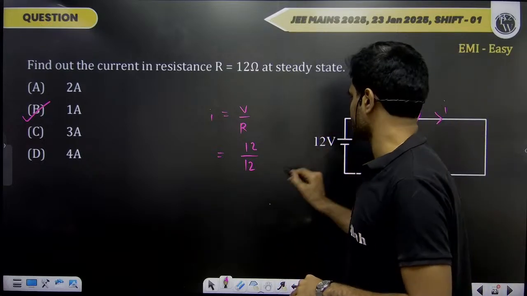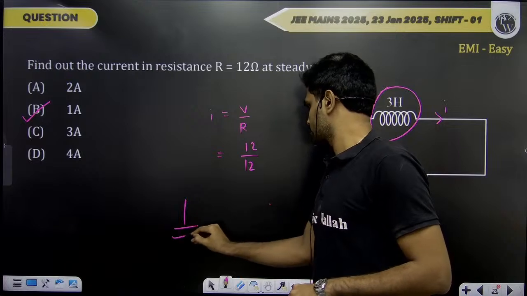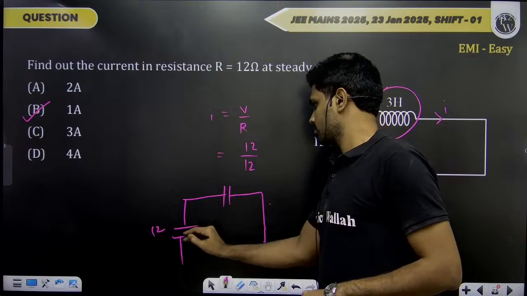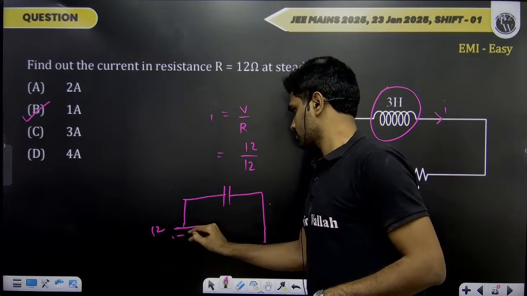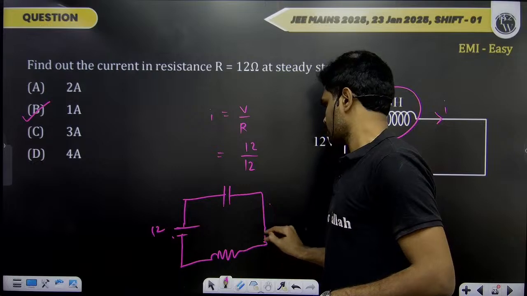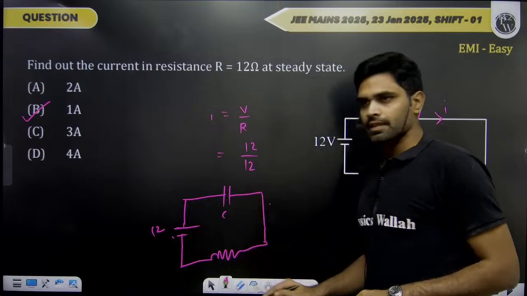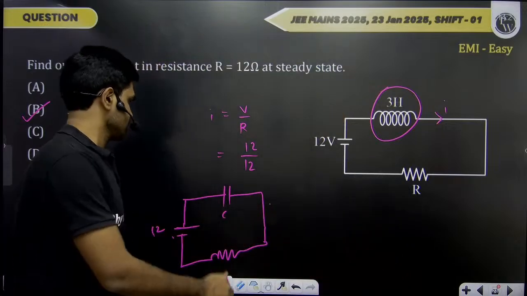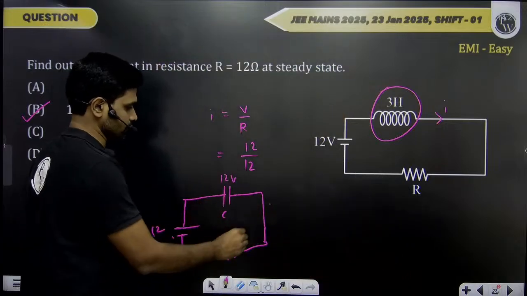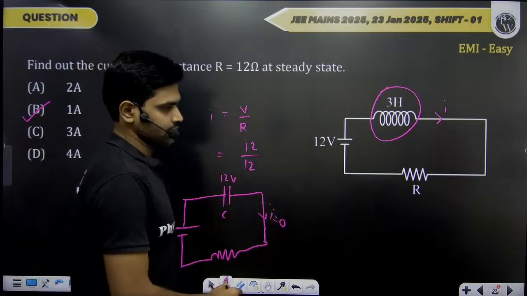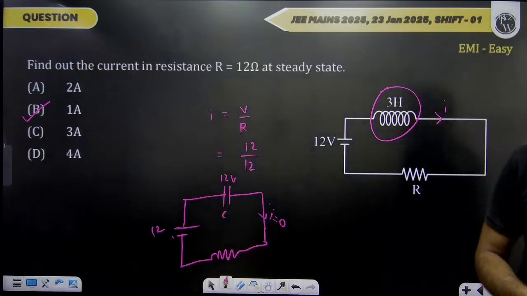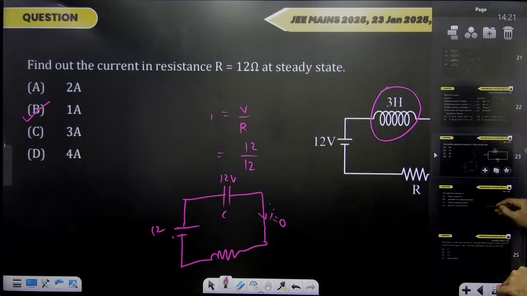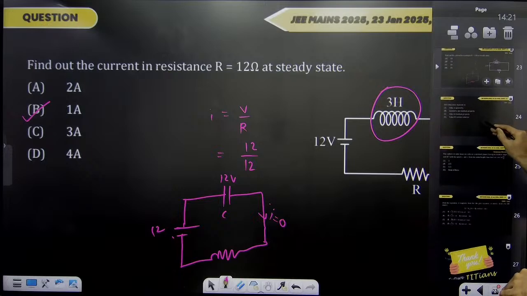So in the same question, if we had a capacitor, then after a long time in steady state, the capacitor will be fully charged. The voltage will be 12 volts, and current will be 0 in steady state. That would be the spin-off question for this. Let us move to the next question.